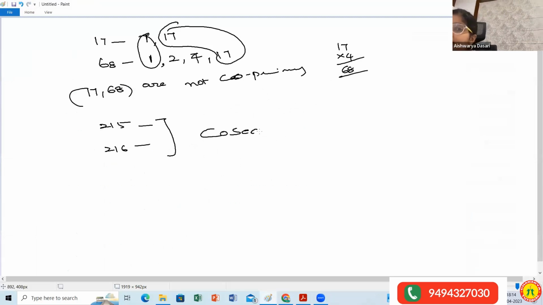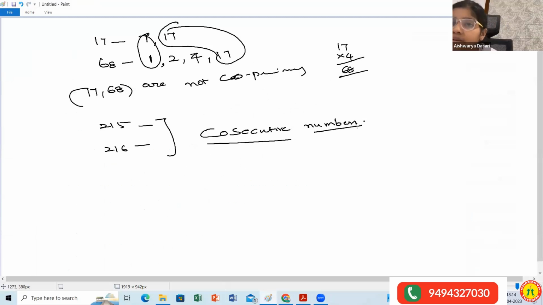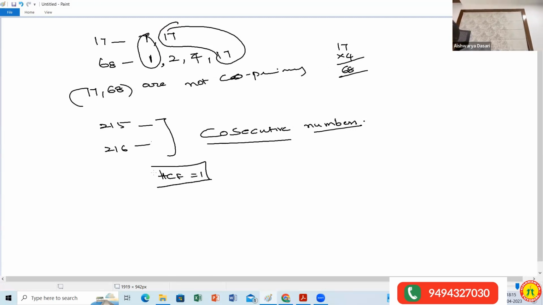Yes, ma'am. Consecutive numbers, what is the HCF of consecutive numbers? Ma'am, the least? 1. So directly, is it co-primes? Yes, ma'am, because these are adjacent numbers, right?